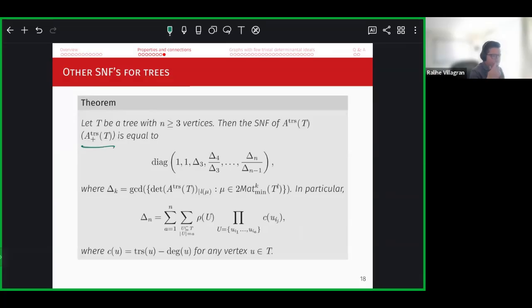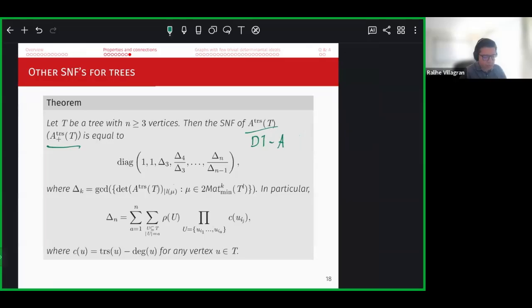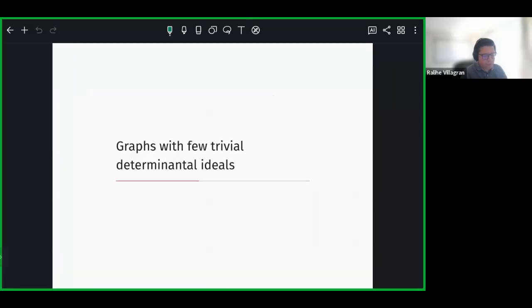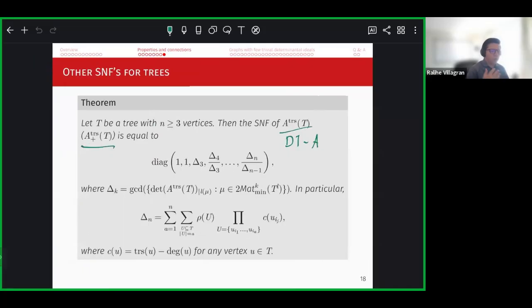So if again we think about this type of matrices, which are defined like this, so you take the transmission, that's the sum of the distances from each vertex, on the diagonal, subtract the adjacency matrix, you can compute this minimal form from the combinatorics that were found for trees. So it has all these connections with different stuff, mainly by the spectrum, mainly by this minimal form.